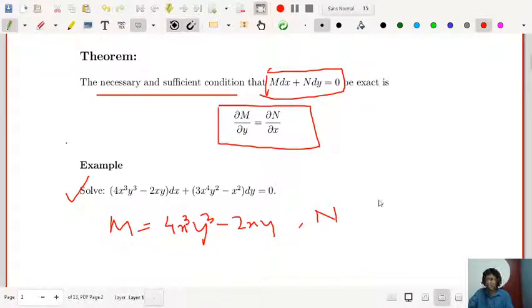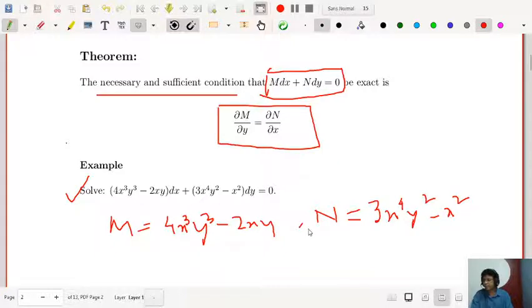Here M equals 4x cube y cube minus 2xy, and N equals 3x to the power 4 y square minus x square. Let us check whether this equation is exact or not.